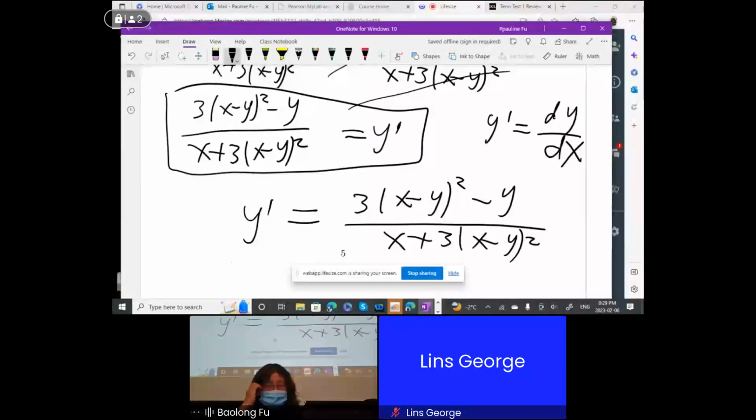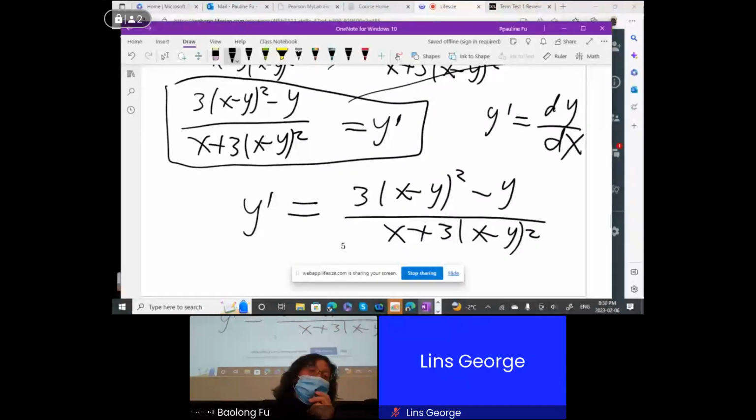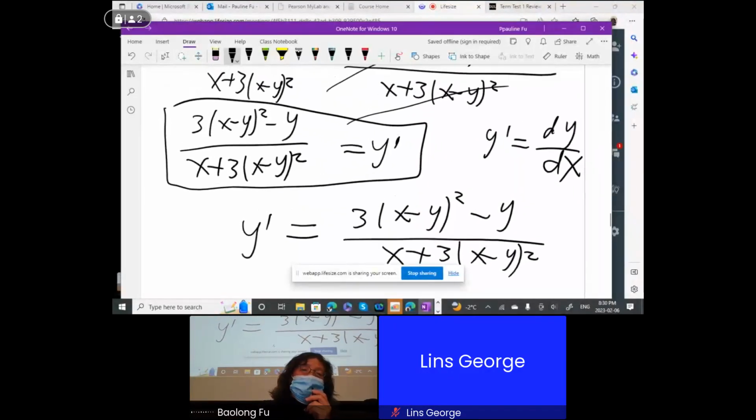Any questions? So this is differentiating implicitly. Yes? Why can't you cancel the 3x minus y squared?